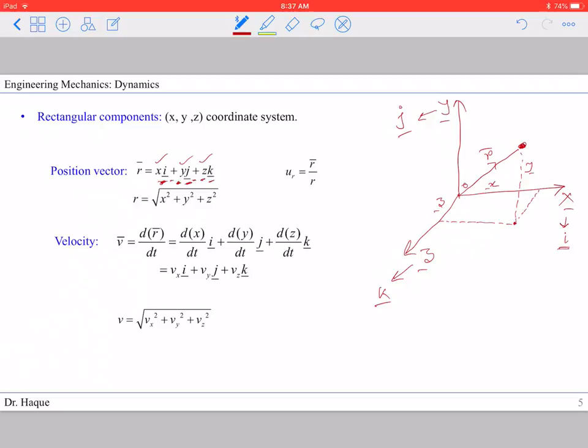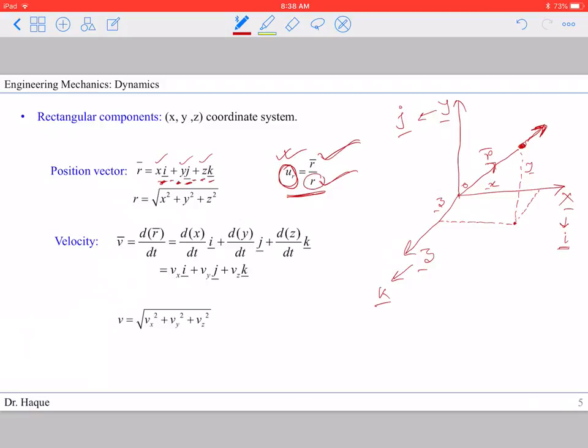So these are the unit vectors i, j, k on the x, y, z axes, but the position vector r itself has a direction. And how do we get the unit vector in that direction? It's represented by ur, and since it's a unit vector, if we divide the vector by the magnitude of the position vector, we'll get the unit vector.